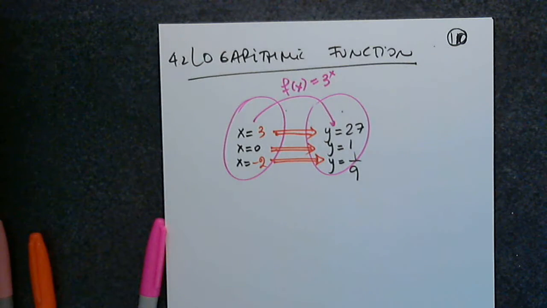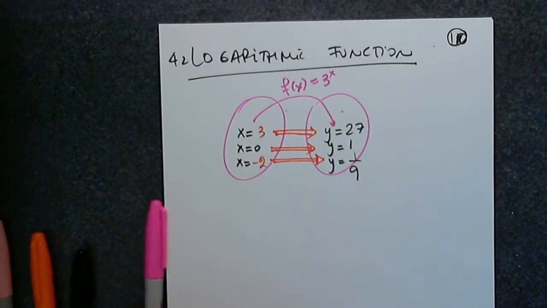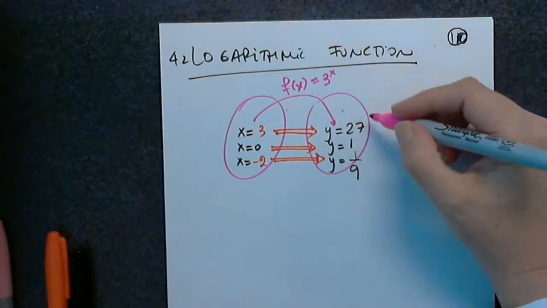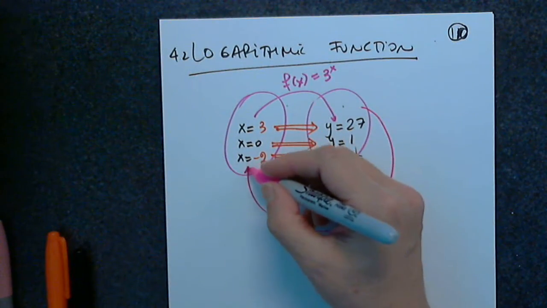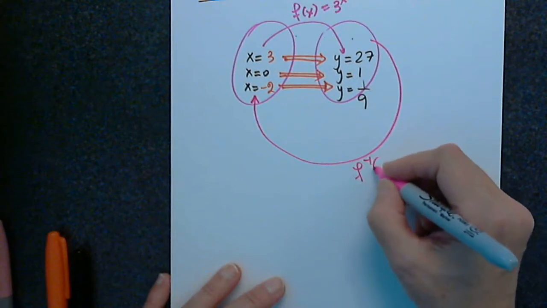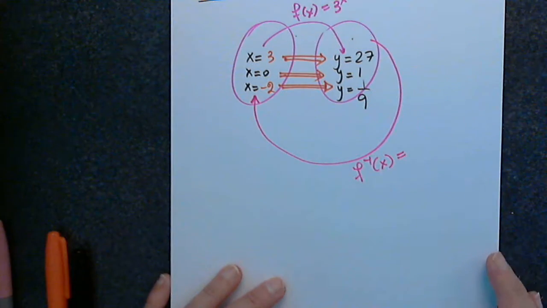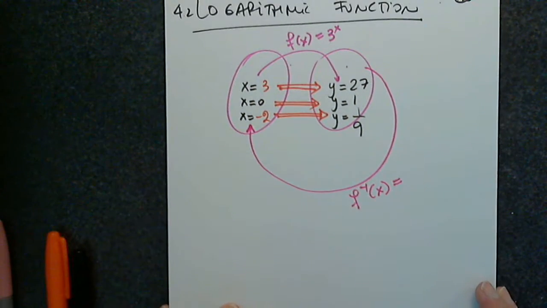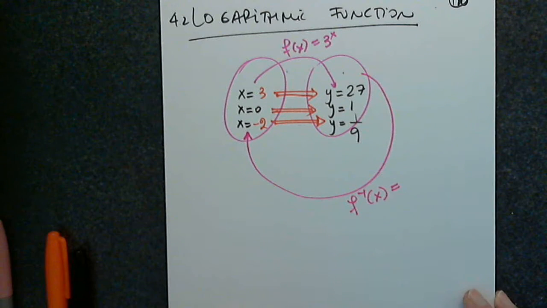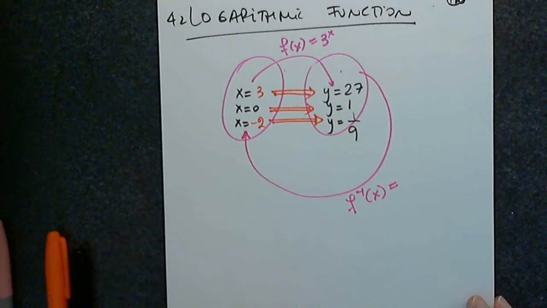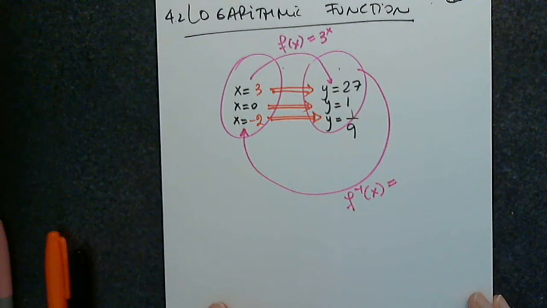Yes? Very good. Perfect. So now I'm going to say this, that the inverse function, f inverse, and here's the notation. The notation is intimidating, but I don't want you to get intimidated. It's just the notation.